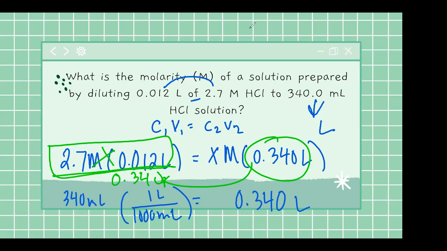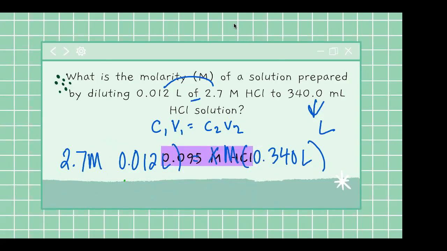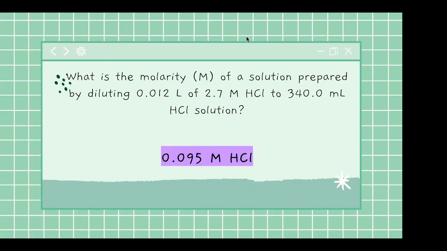Okay, and anyone get an answer for that? 0.095. 0.095 molarity is correct. Here you go. Here's the answer.